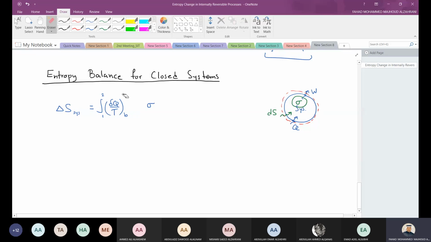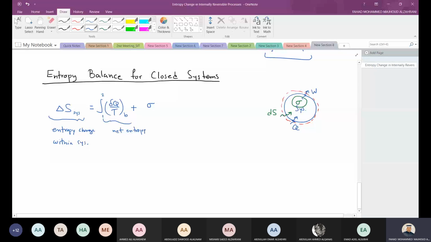Okay, what about the internal term, which we call sigma. So this is basically the change, so this is the entropy change within the system. This one is the net entropy.